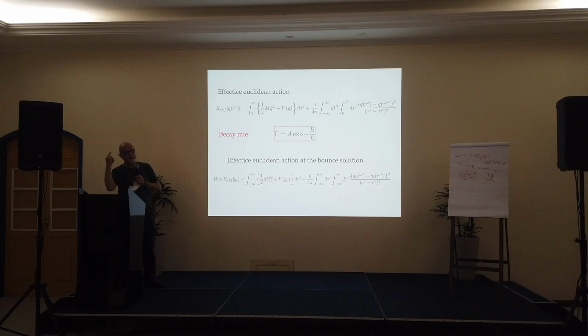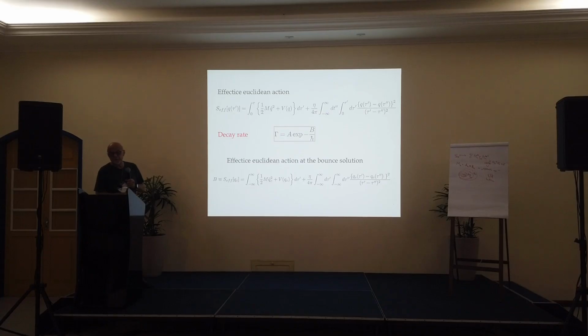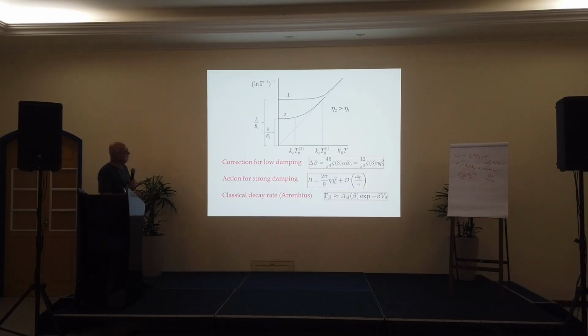It has nothing to do with the gamma of the destruction of interference. And that's a prefactor times exponential of minus B divided by h bar, where B is the effective action of a particular path. I will not enter into detail of this, but again, it doesn't really matter what sort of path this is. Its contribution is positive. So if you increase B, you reduce this gamma. So we tend to destroy quantum mechanical tunneling.